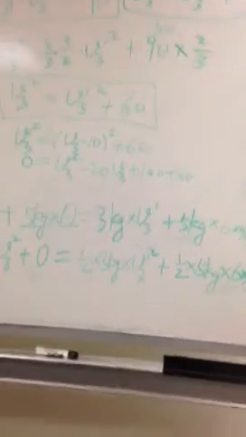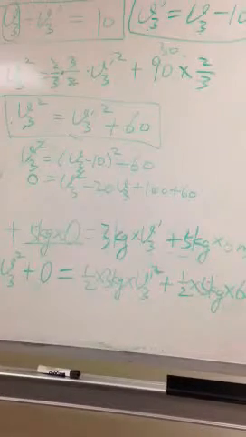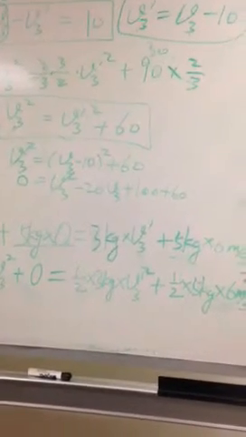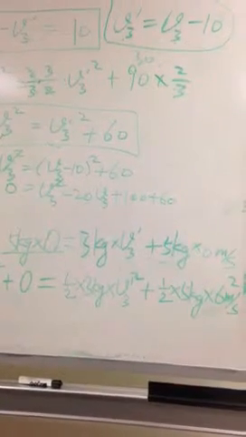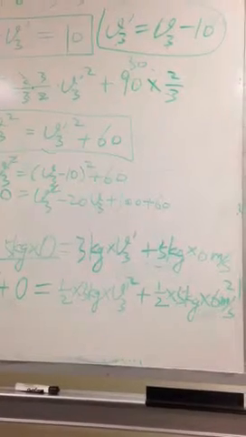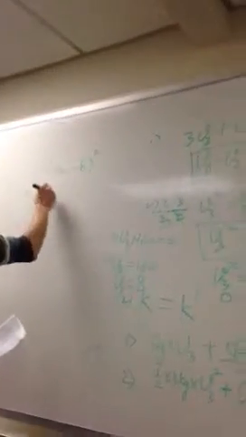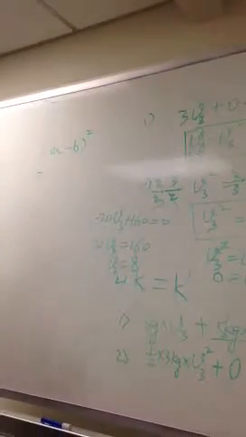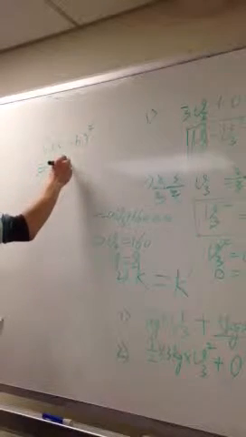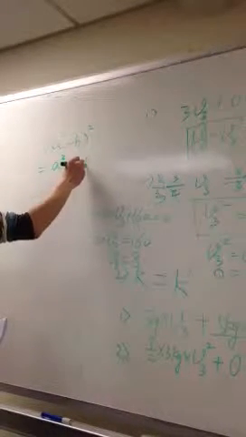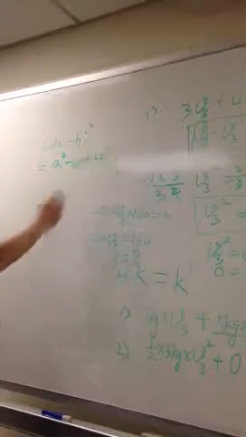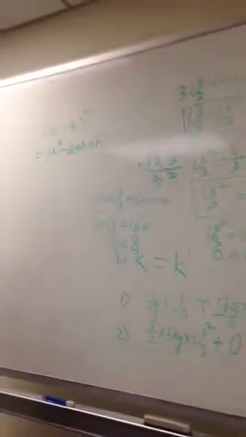I'm just trying to see how you have negative 20 V3. I see how you have 10 squared, that would be 100. How did you get negative 20 V3? So (A minus B) squared, what is this? It's A squared minus 2AB plus B squared, right? You still remember?